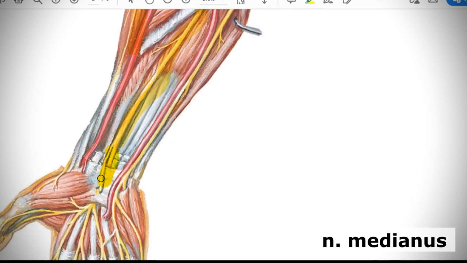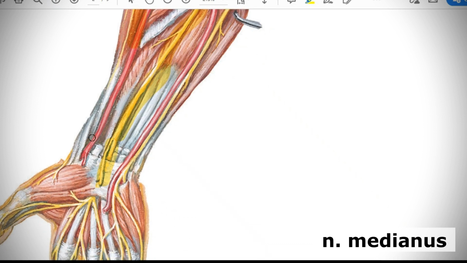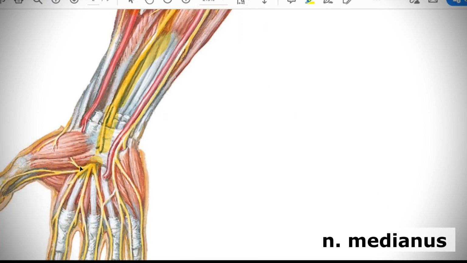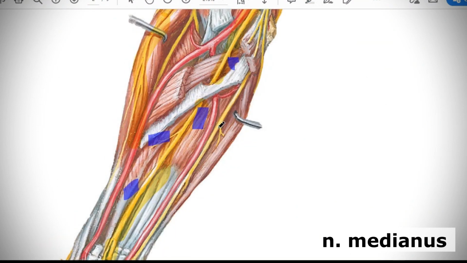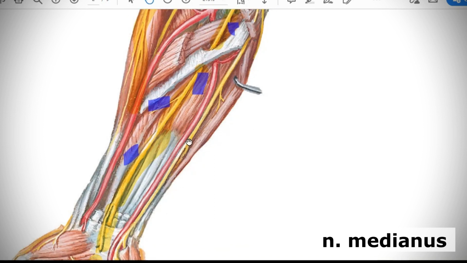Then it goes through canalis carpalis, under retinaculum flexorum, gets onto your hand, and divides into terminal branches. On the brachium, nervus medianus doesn't innervate anything. On the forearm, you must understand, it innervates almost all of the anterior group of muscles.